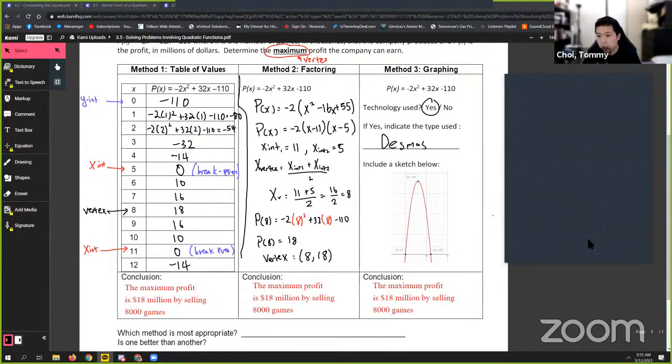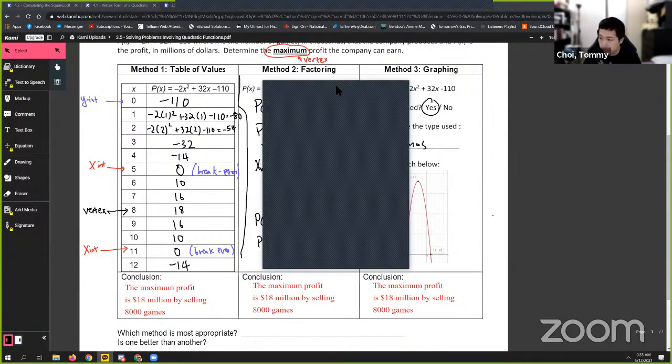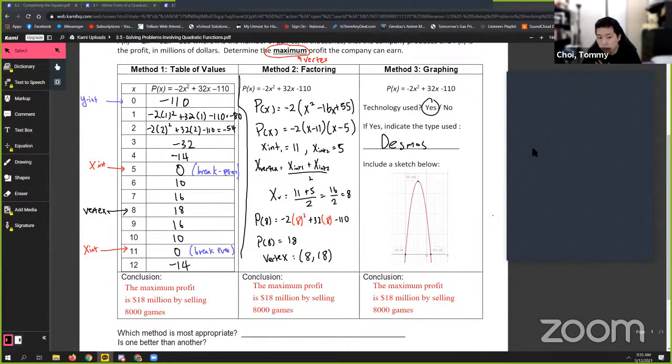Okay, so just to share the results here, it's a pretty even spread overall, right? Is one better than another from what you're telling me? No, not exactly. And this is why I give you the option of doing different methods. However, is one method more appropriate than another?